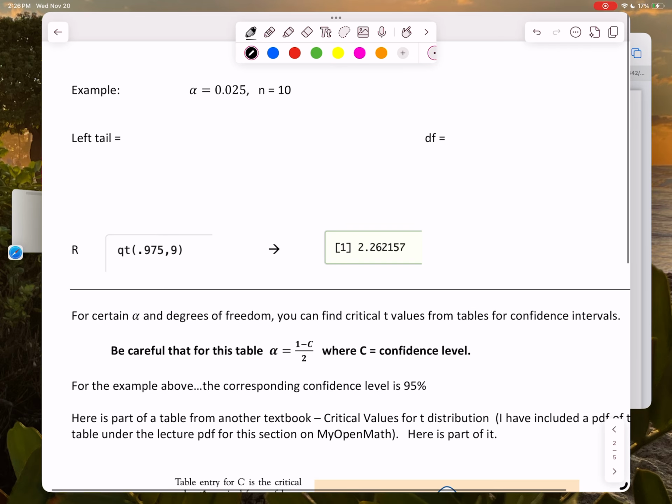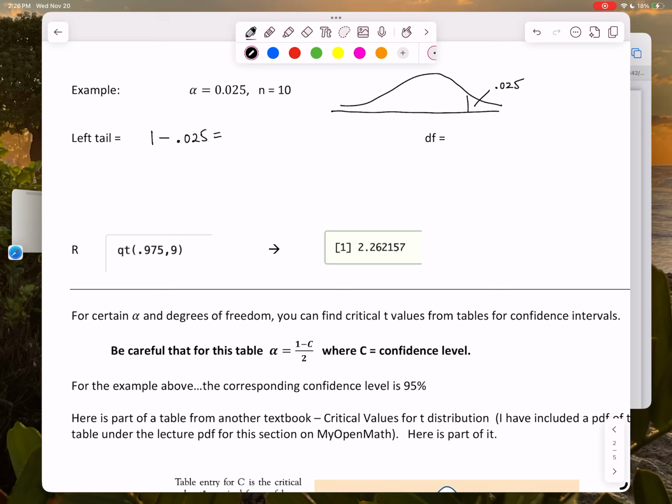So let me do it using R as an example. If the upper tail area is equal to 0.025 and the sample size is 10, the picture that goes with this is 0.025, so the left tail is 1 minus that, which gives us 0.975.